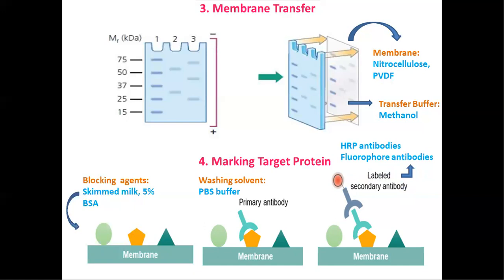These enzyme conjugates are attached at epitopic sites of primary antibodies. This increases the sensitivity of detection and leads to amplification of the signal. Then we add a color producing substrate which produces colored protein bands on the membrane. That indicates the target antigen is present in the patient's blood.